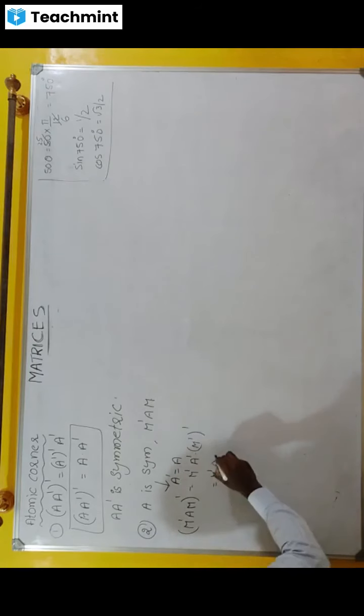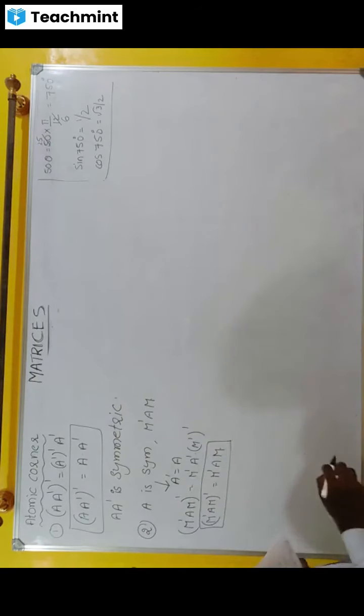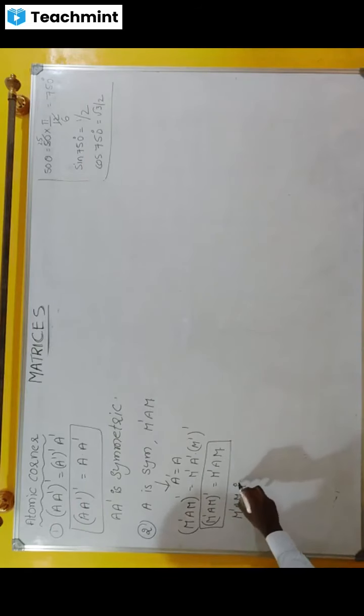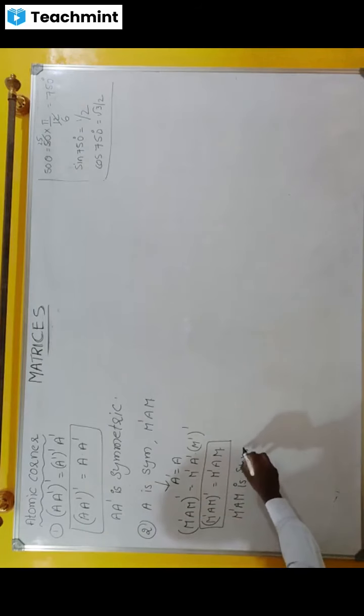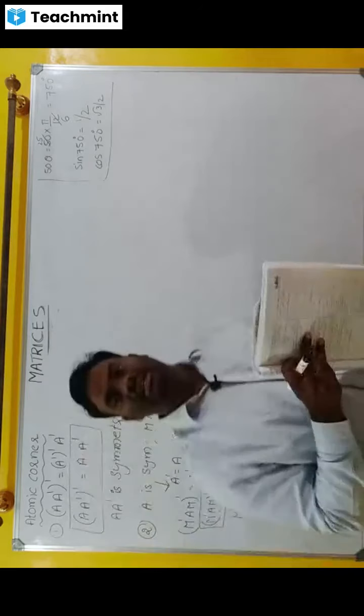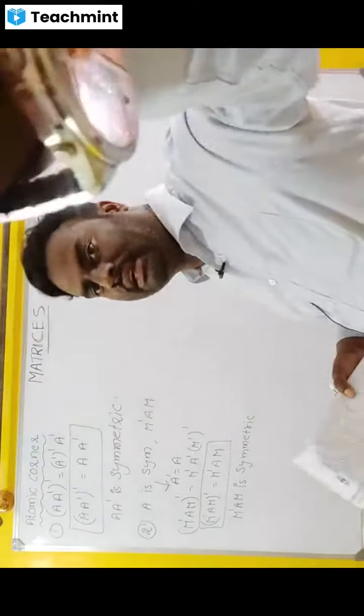M dash whole dash is nothing but M. Then finally M dash A M whole dash is equal to M dash A M. Here also there is no negative symbol, that's why it can be considered a symmetric matrix. Therefore M dash A M is a symmetric matrix. This is the second question in this matrices concept. Okay, next.